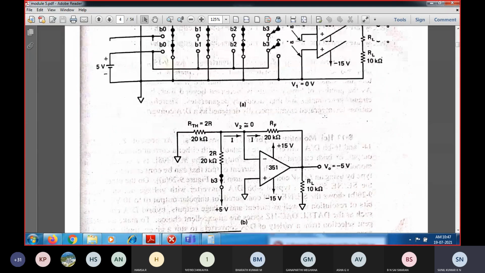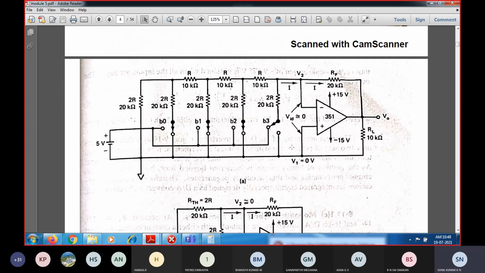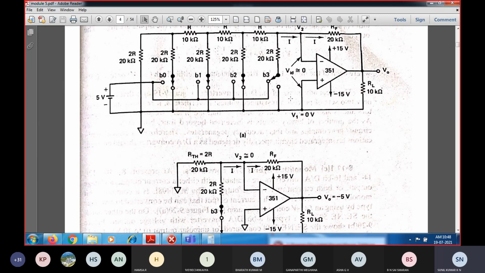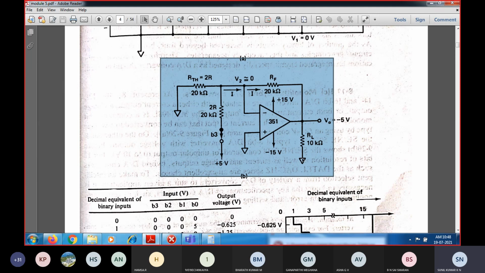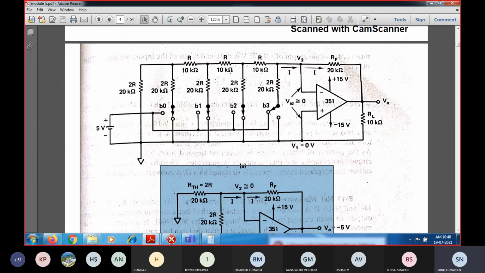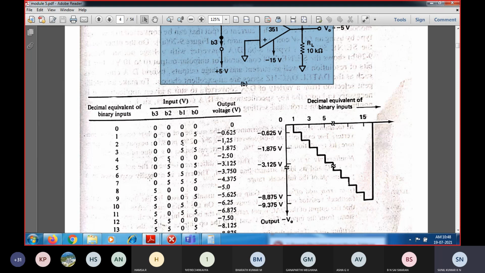So this is about the R-2R ladder technique. This is for a 4-bit binary digital to analog converter, and how we find the equivalent has been denoted over here. In the exam, they are not going to ask only the architecture and circuit diagram. They may ask, for a given input configuration, what is the corresponding output voltage and how we get it.